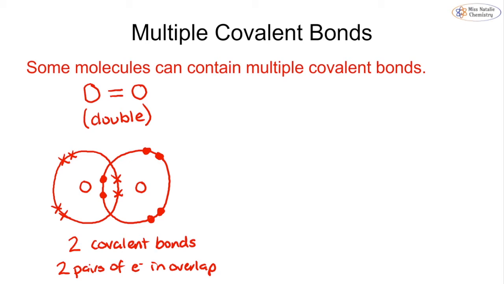So we call this a double bond. And nitrogen has what we call a triple bond. And each of these lines in our diagram here are just representing one of these covalent bonds.